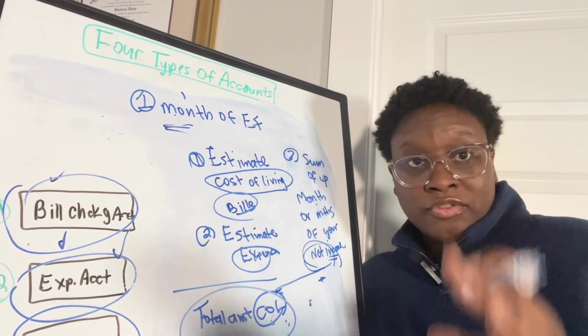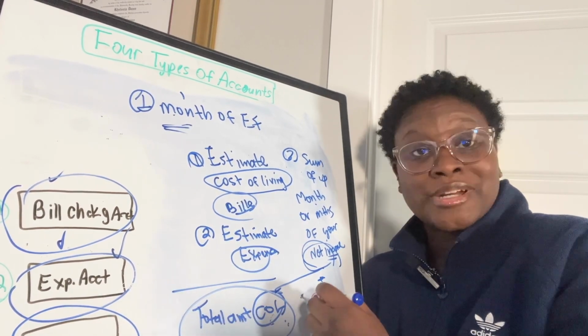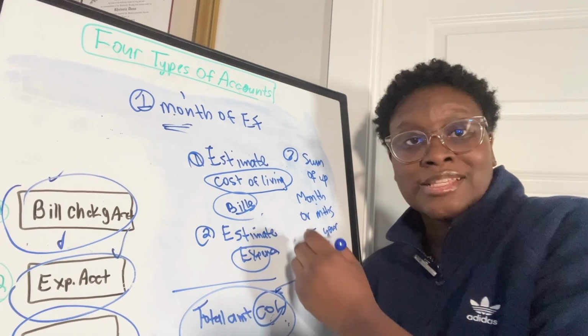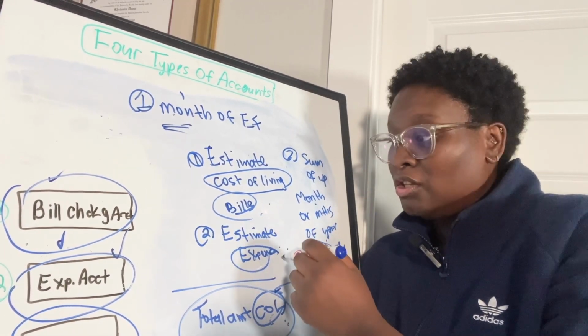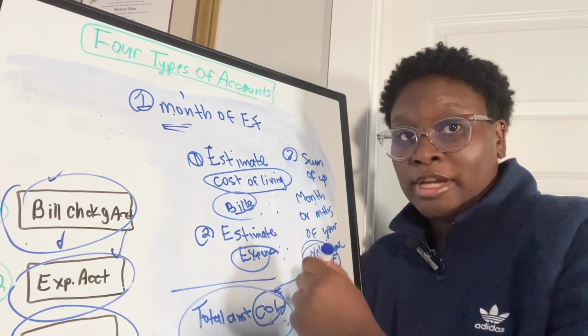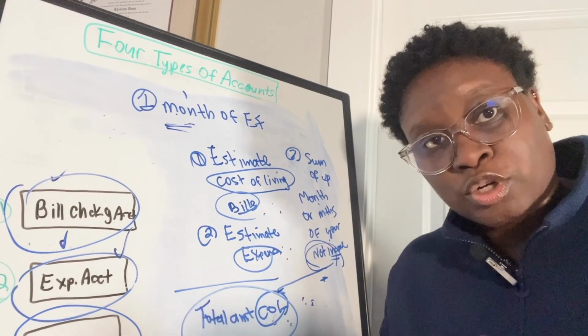Again, it's about the consistency. It's not about the amount. And then if this number is negative, then you need to go back and see, okay, what do I need to cut back on? Do I need to look for a new job? Do I need to pick up extra hours? You have to do what works for your household. I'm just only giving you structure and tips.